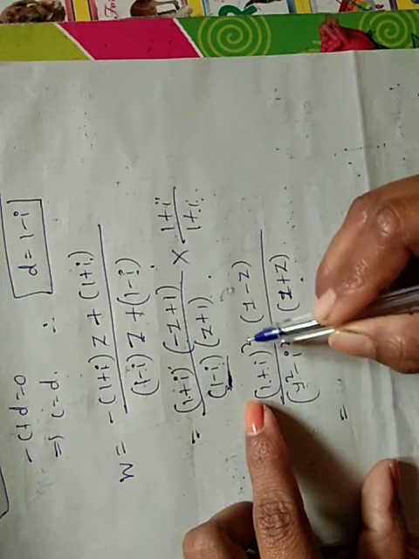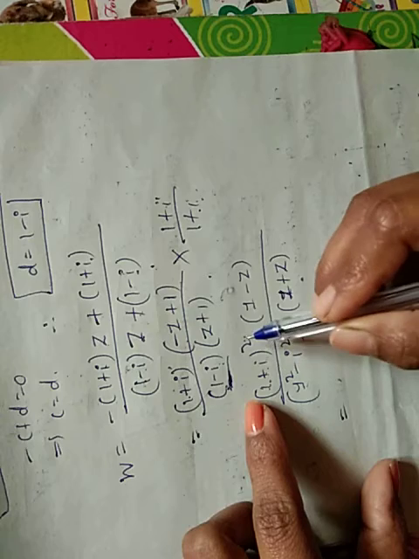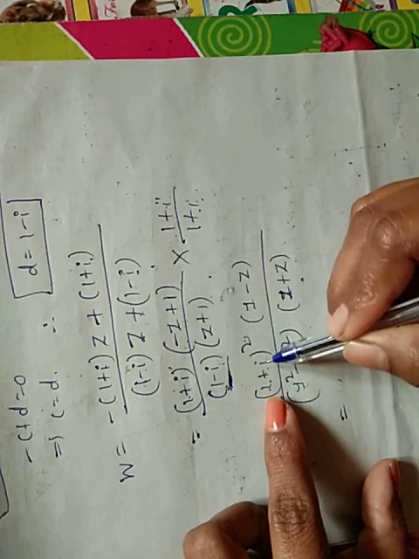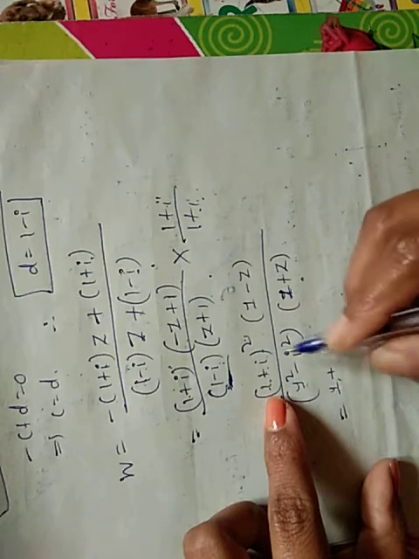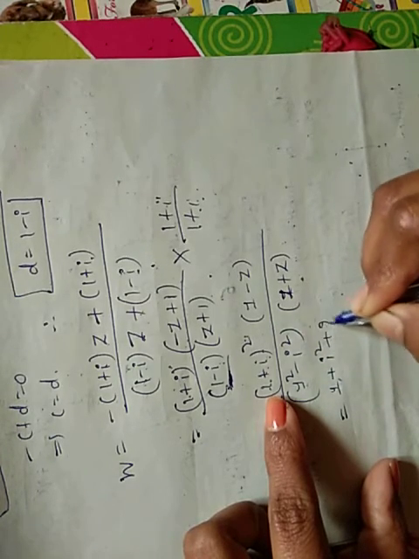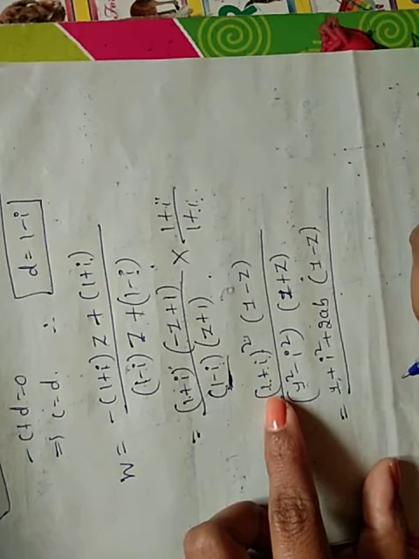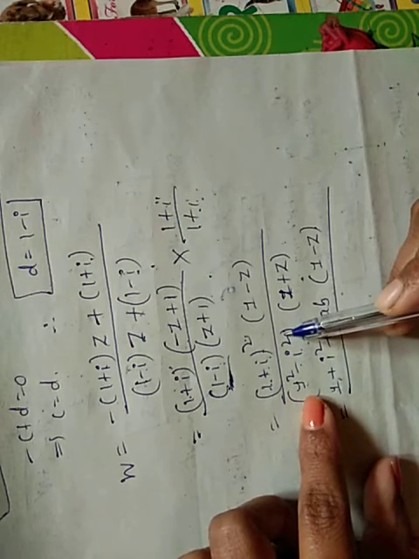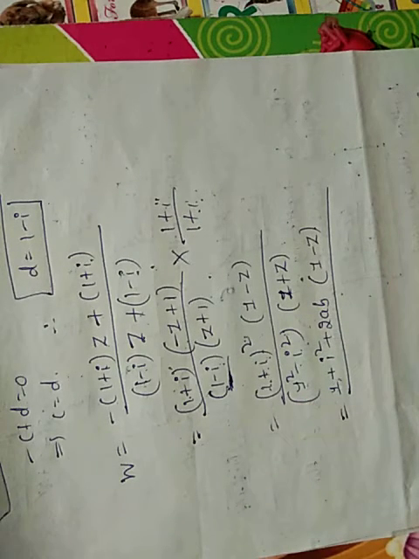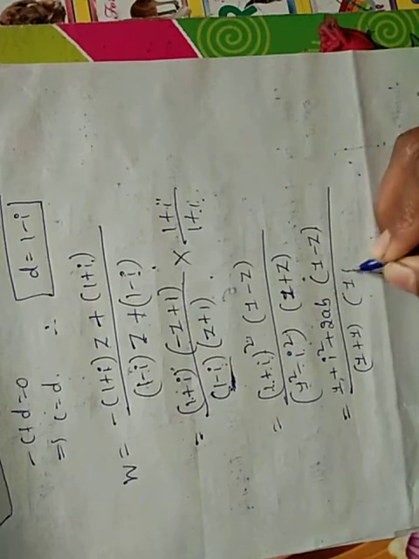1 plus i whole square: a plus b whole square is equal to a square plus b square plus 2ab. So a square plus b square plus 2ab into 1 minus z, divided by a square minus b square, where i square is minus 1. Minus of minus becomes plus, 1 plus 1 into 1 plus z.